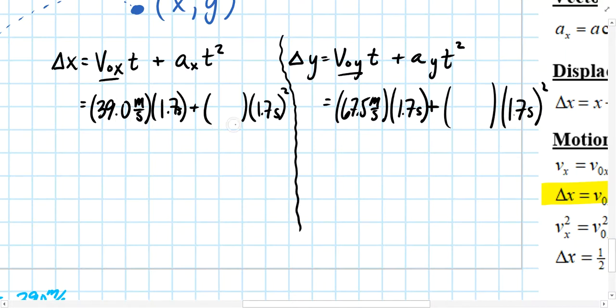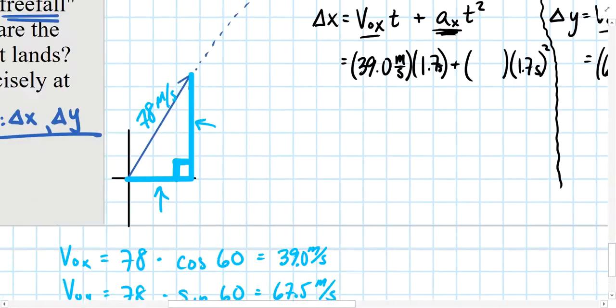So I wanted to pause for a second though and see if you remember what's happening here. We just computed the initial horizontal velocity to be 39 meters per second, and we know that this object is moving for 1.7 seconds. But what was the acceleration in the horizontal direction in this system?